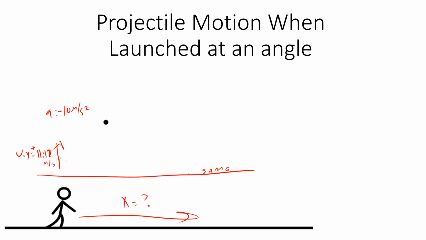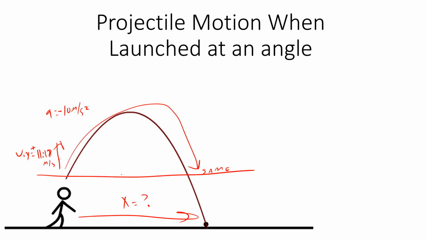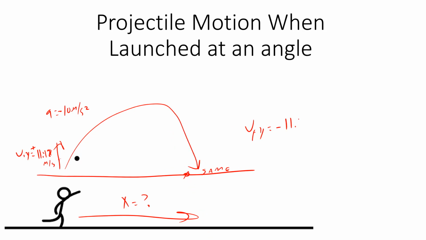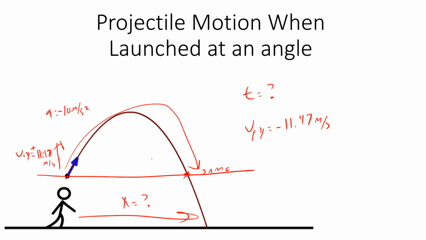The other given, if you're trying to find how far downrange to this point right here, not down here because that would be a harder problem, is that the V final y would be equal to the opposite, since in these questions we assume theoretical ideal conditions, no air resistance. So I'd have to use the V_iy, the a, and the V_fy to find the time it took to get to this point.